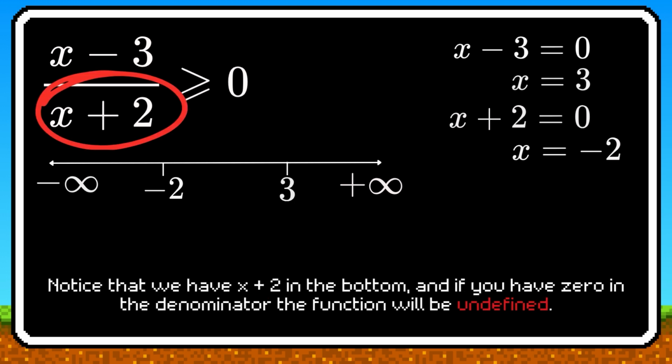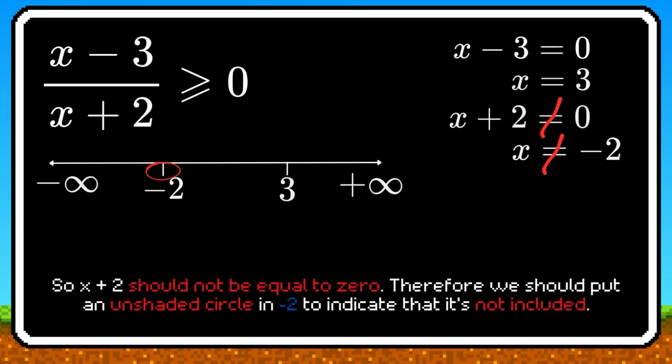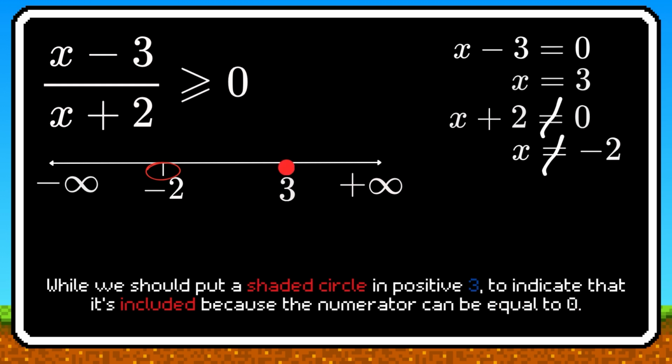Notice that we have x plus 2 in the bottom, and if you have 0 in the denominator, the function will be undefined. So x plus 2 should not be equal to 0. Therefore, we should put an unshaded circle at negative 2 to indicate that it's not included, while we should put a shaded circle at positive 3 to indicate that it's included because the numerator can be equal to 0.